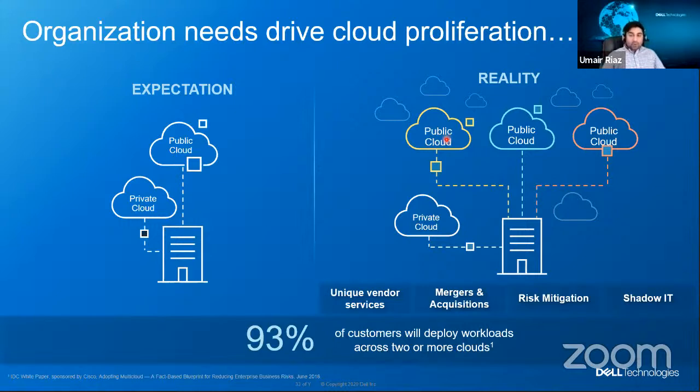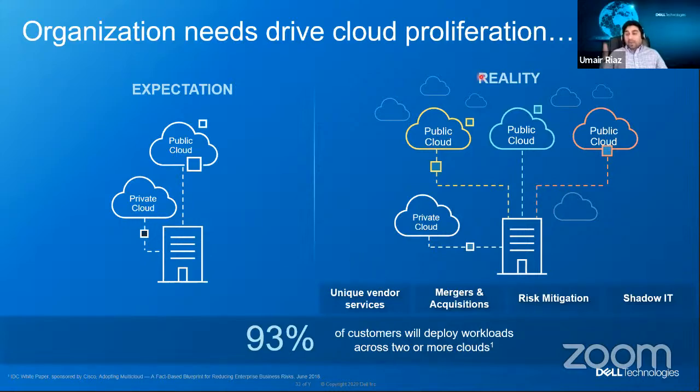And even in your organization, you will know that your organization is using Office 365, or they're using Salesforce, or they're using some other cloud service coming from Oracle, or coming from other cloud vendors. So even if you think your organization is not consuming something from public cloud, in reality they are, right? And 93% of customers are saying they are consuming services from multiple cloud providers.